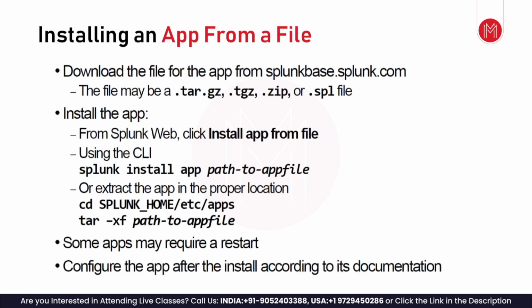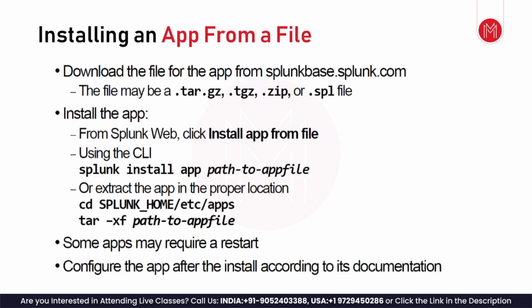Now, installing the app. Whenever you are downloading, the file may be .tar, .gz, .tgz, .zip or .spl. You have to extract this file and add it when you are trying to install it from the backend. Whatever you get from Splunkbase will be like this. From Splunkbase, you can install the file, which is what I have shown you.